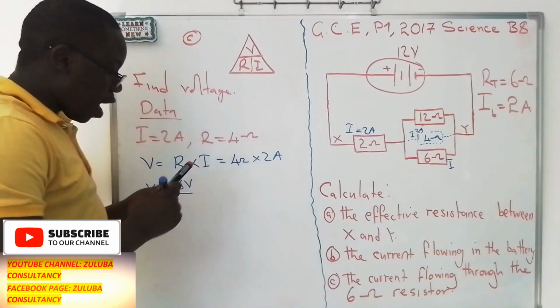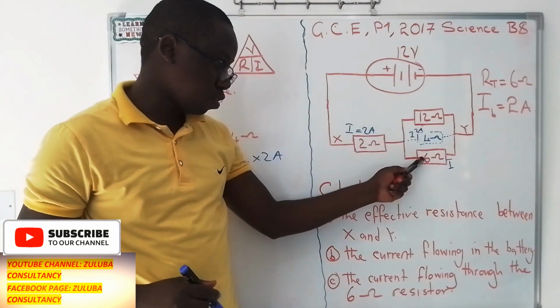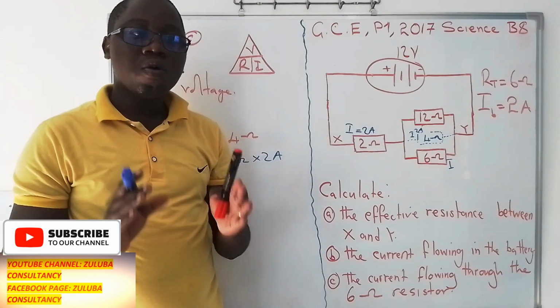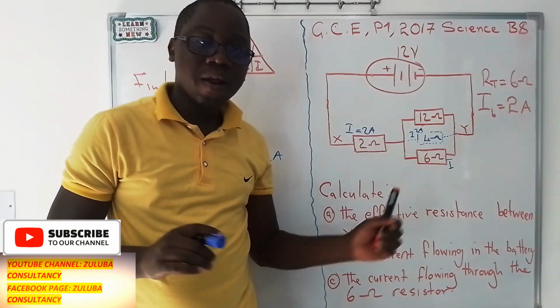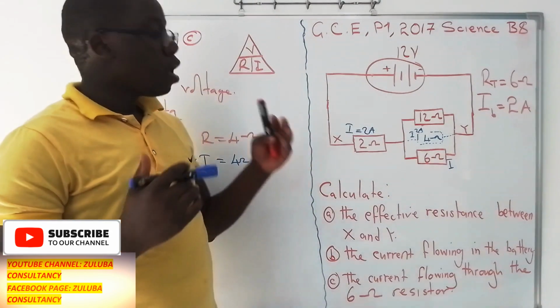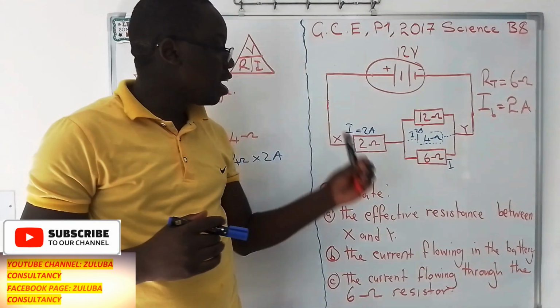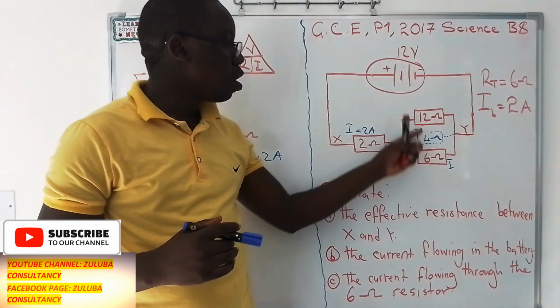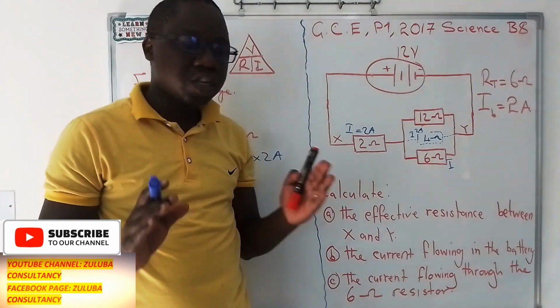So if 8 volts is reaching these two components, we now borrow the principle that is at parallel circuits. In parallel circuits, the voltage is the same on the two components. So the voltage does not change.